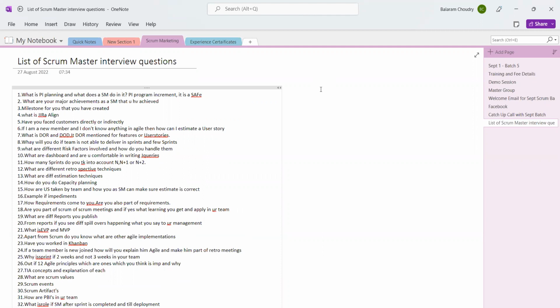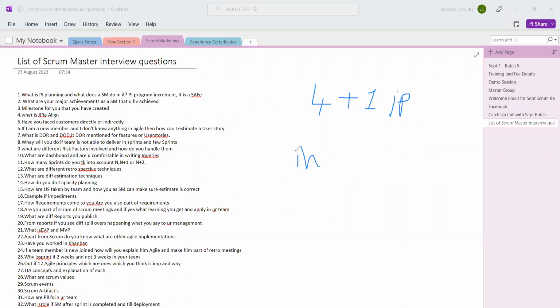In that sheet, you will be able to see sprint 1, 2, 3, 4, 5. Generally, in PI planning, you will have 4 regular sprints plus 1 IP sprint. And what is IP sprint? Innovation and planning.